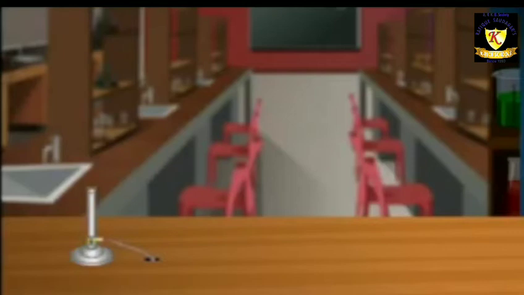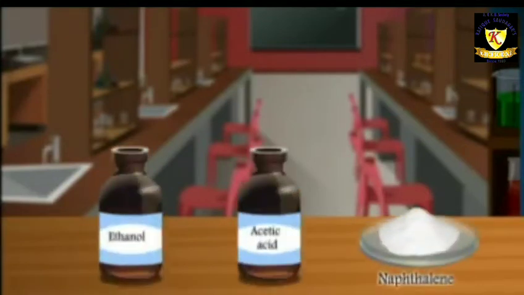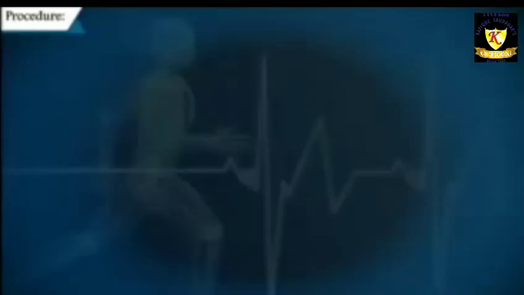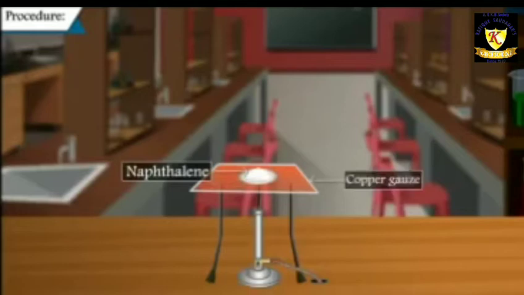Apparatus we require is a Bunsen burner, copper gauze, metal plate, etc. Chemicals required are ethanol, acetic acid and naphthalene. Procedure. Place one of the above chemicals, 3 to 4 drops or a pinch, on a clean copper gauze at room temperature.